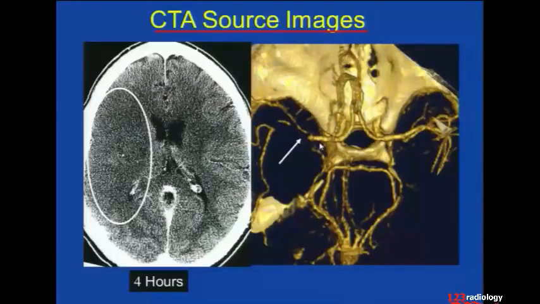So there is, in my experience, not a tight correlation between the presence of an infarct and an occlusion.